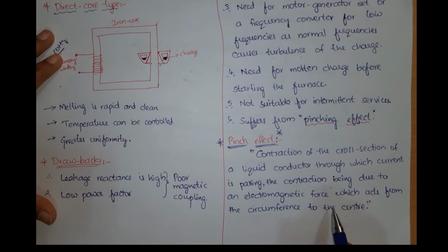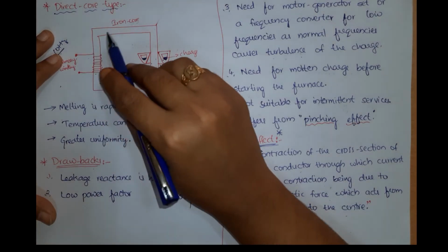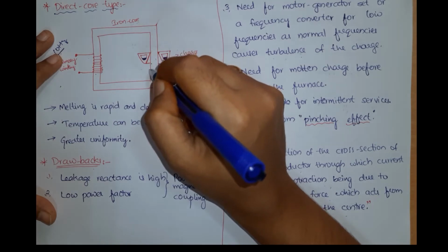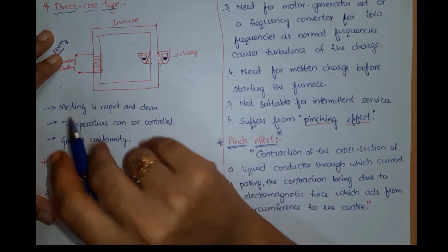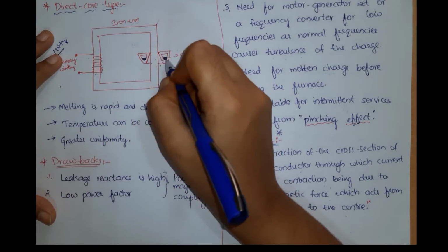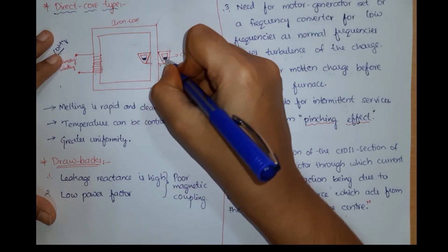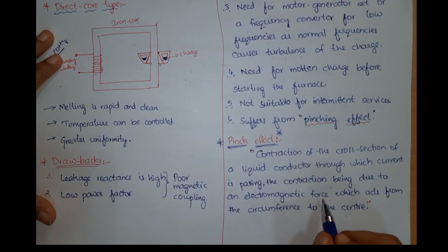So this pinching effect is nothing but when some electromagnetic force flows through a molten or liquid material, the liquid which undergoes this electromagnetic force undergoes a contraction.